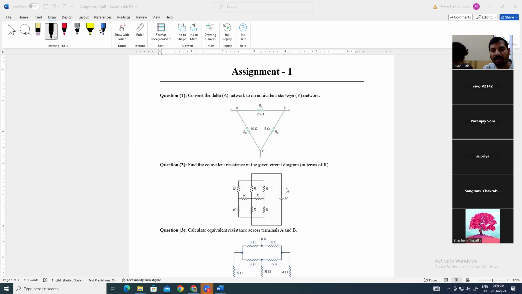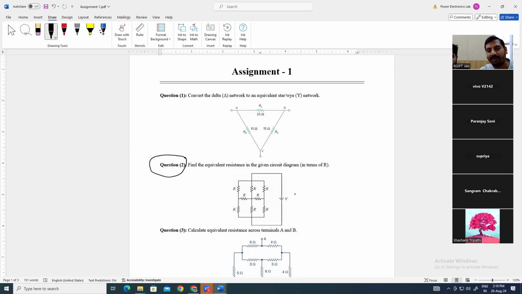Or in short, he can tell you the procedure for how you can solve it. And one more thing, I have checked your uploaded solutions of assignment 1 for question number 2. Many of you have given the solution based on your 11th, 12th JEE exam preparation. This question was intentionally given to you to apply a star delta conversion or delta star conversion.